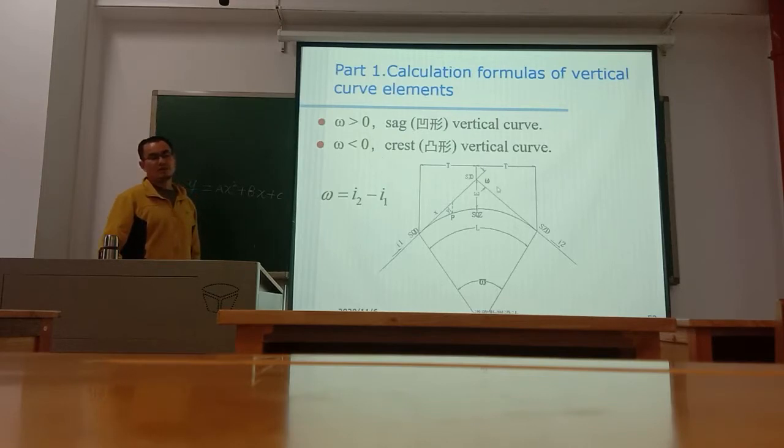When omega is greater than 0, the curve is a sag vertical curve. When omega is less than 0, the vertical curve is a crest.